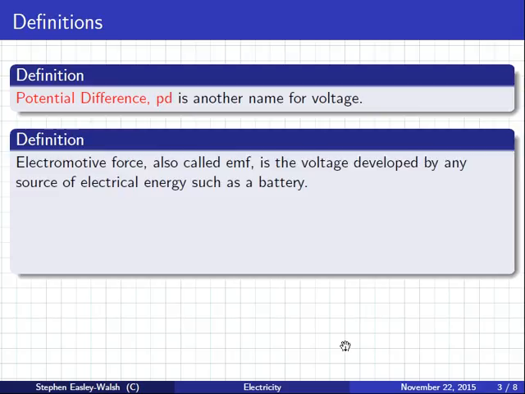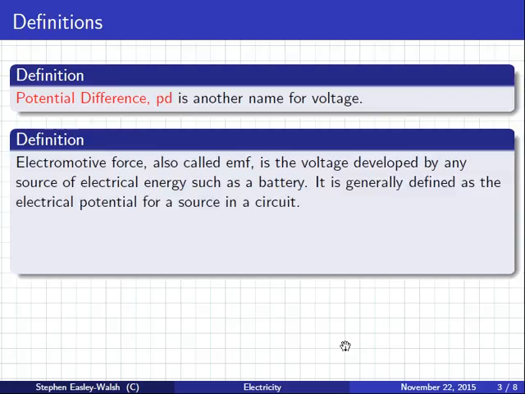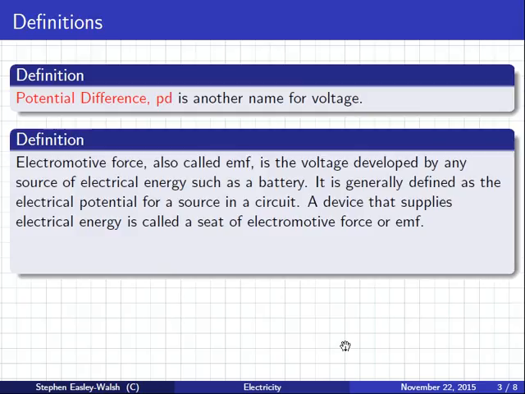It's basically the voltage that you get from any source such as a battery. We think of it as the EMF. It's generally defined as the potential source in a circuit. In other words, it's where the energy is coming from. A device that supplies electrical energy is called an EMF.